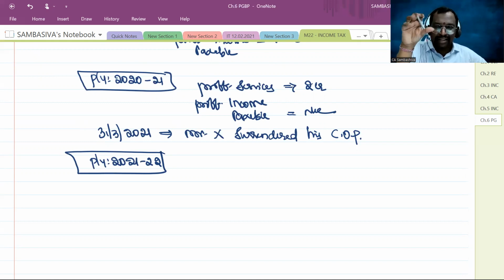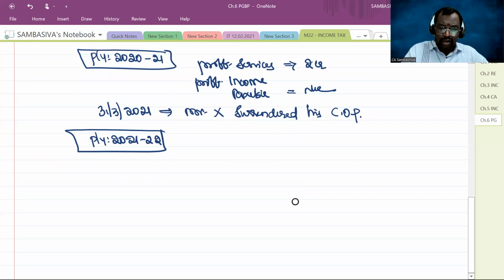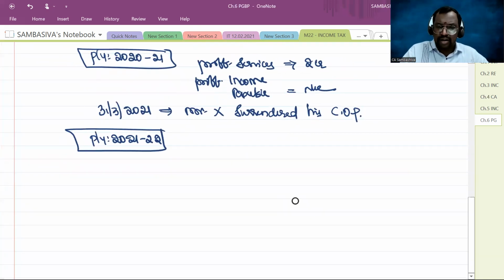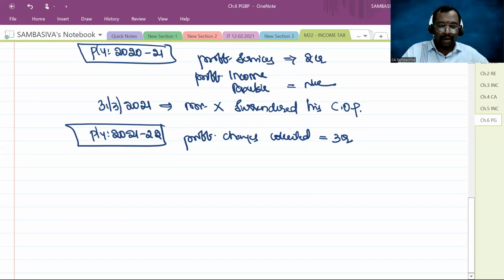So he started collecting the money from the clients, and he collected all the 3 crores: 1 crore belonging to financial year 1920 and 2 crores belonging to financial year 2021. So professional charges collected are 3 crores. Now the department was very happy.